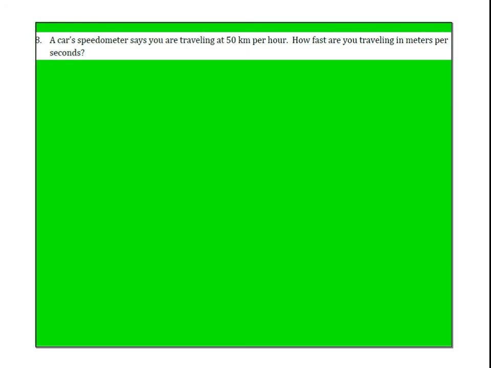So last piece, the car's speedometer says you're going 50 kilometers per hour. How fast are you going in meters per second? So let's do this. I'm going at 50 kilometers in 1 hour. I want to go to meters per second.